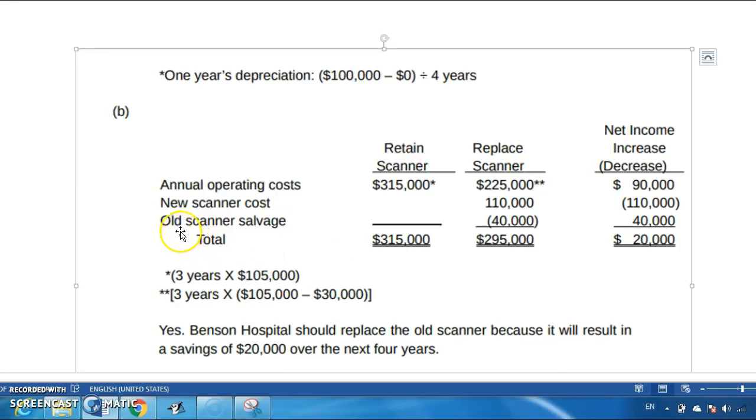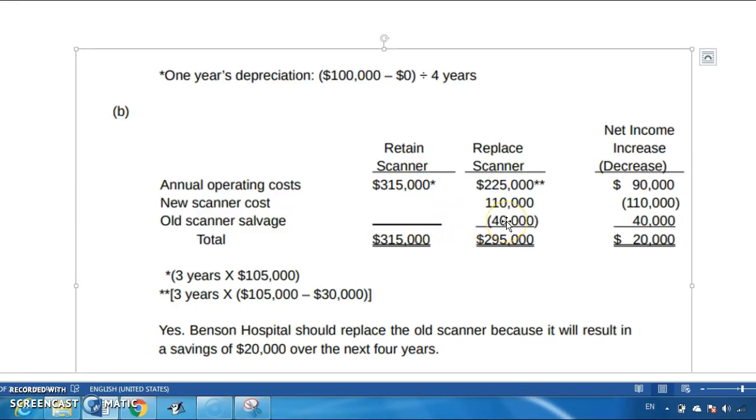Then the next thing to consider is old scanner salvage. That is the old scanner's resale price. If the old scanner is being resold, what is going to be the salvage value? We're not going to talk about the retained scanner here, because if the hospital retains the scanner, there's no money.